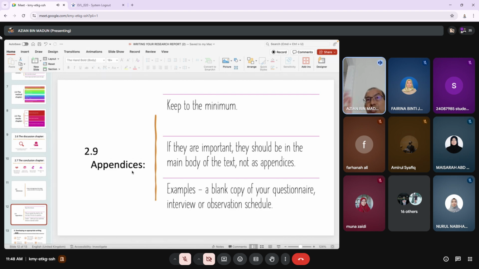So show the examiner, this is the list of respondents, or this is the list of questionnaires, this is the list of surveys. When you conduct it, for example, show some screenshots. So if you're doing a survey, show what the questions are, what the list of items is, right?